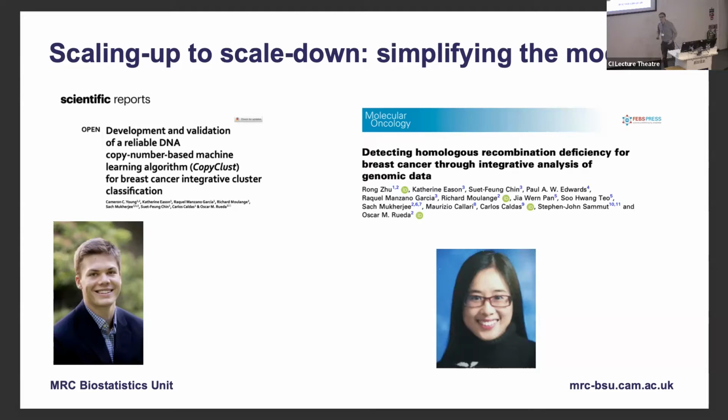So what we learned from these studies is that yes, you can scale down and go back again to just one data modality, but you lose some information there, of course. The performance is not the same.